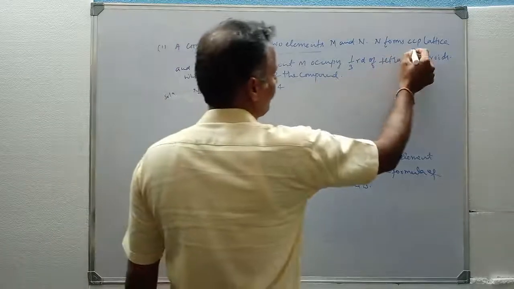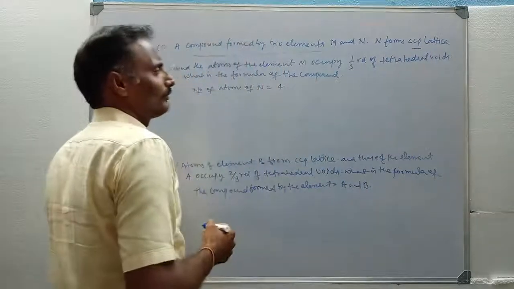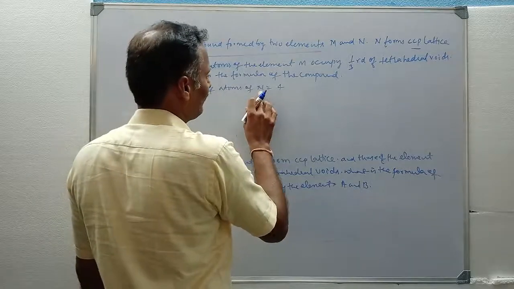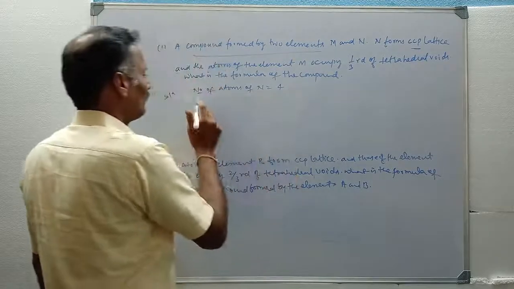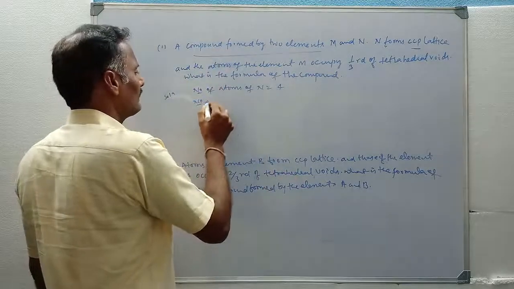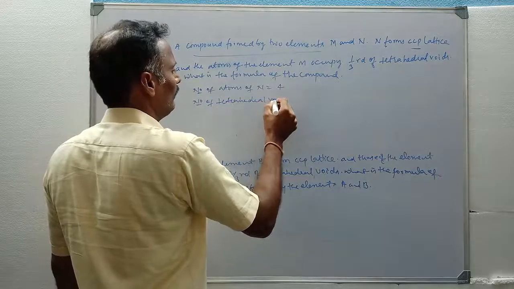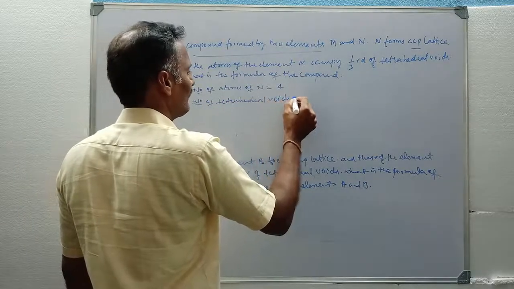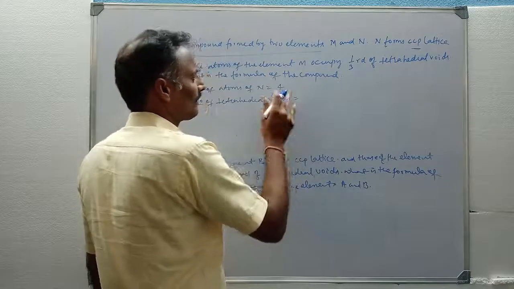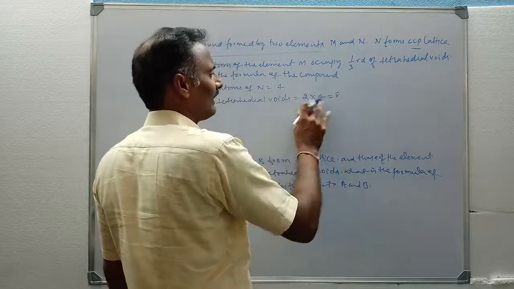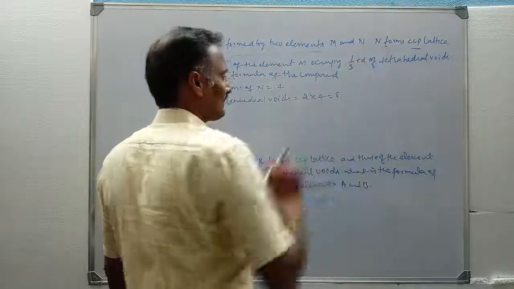CCP means cubic close packing, which contains 4 particles. Then the number of tetrahedral voids generated is twice the number of particles, 2 into 4, that is 8 tetrahedral voids formed in the CCP lattice.